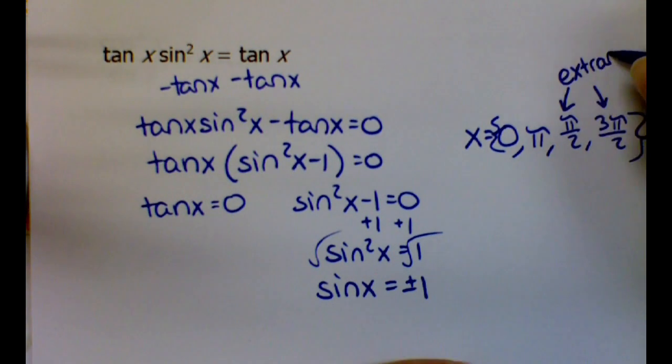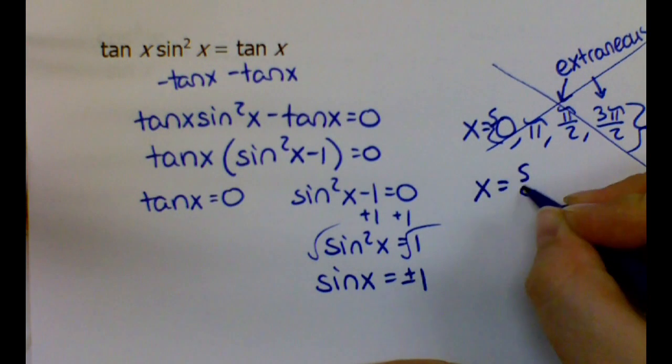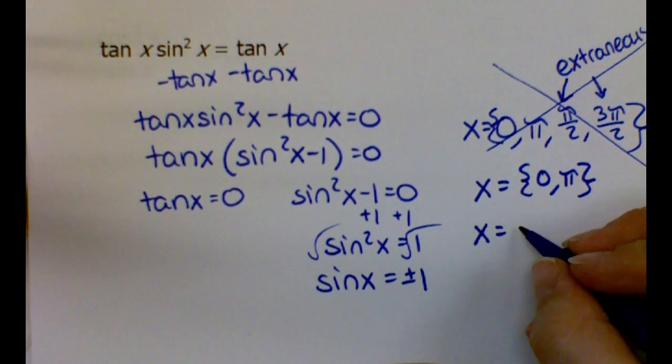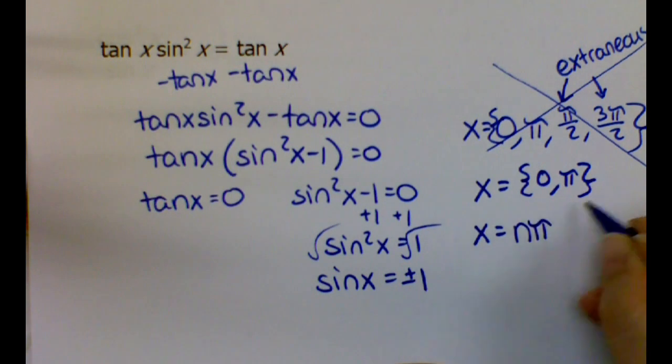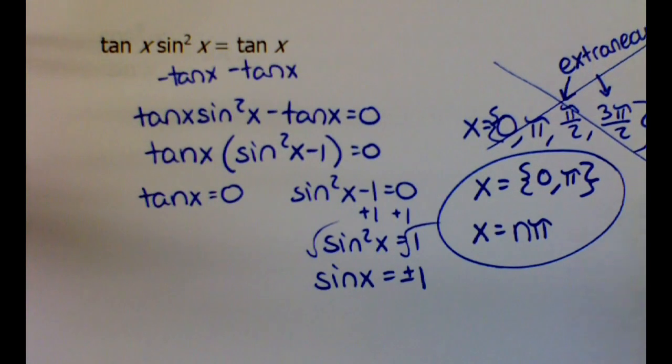Here are our extraneous solutions. So really our answer is 0 and pi. So our only possible answers are x equals n pi. So we did all that work and then had to get rid of most of our answer.